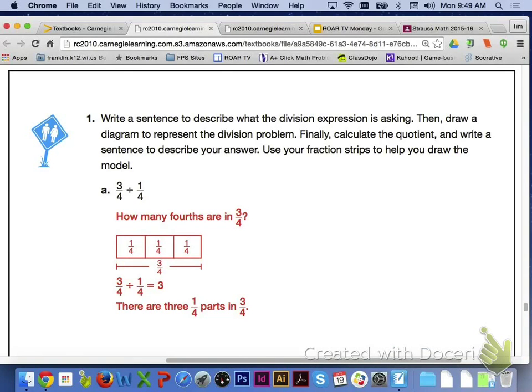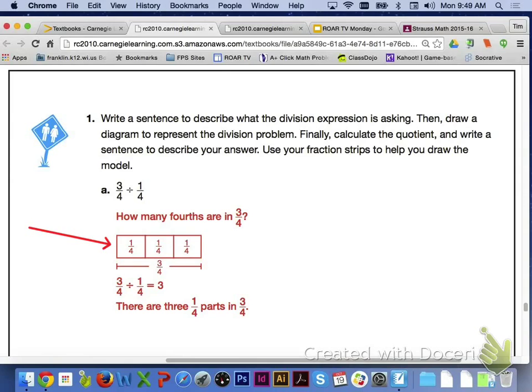The first thing we have to do is write a sentence to describe what the division expression is asking. So we would want to write down how many fourths are in 3/4 if our expression is 3/4 divided by 1/4. The second thing then that we have to do is draw a diagram to represent the division problem.